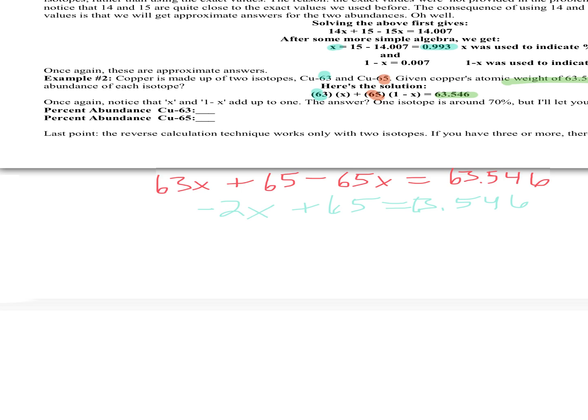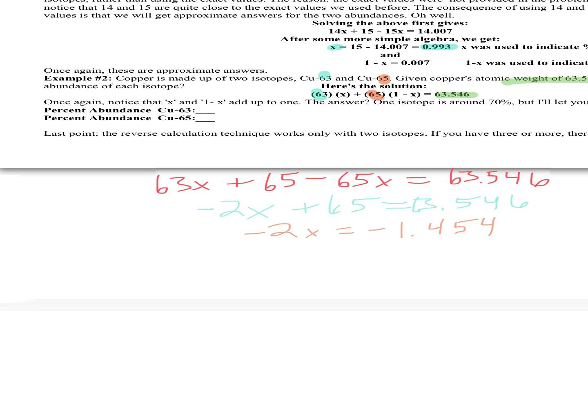Now I want x by itself, so I need to get rid of this 65, so I subtract 65 from both sides. That gives me negative 2x equals a negative 1.454.